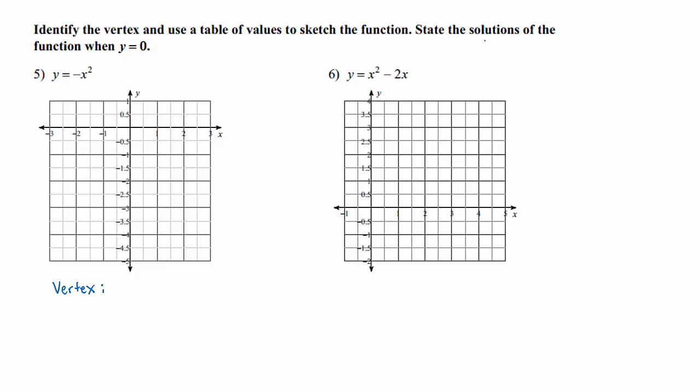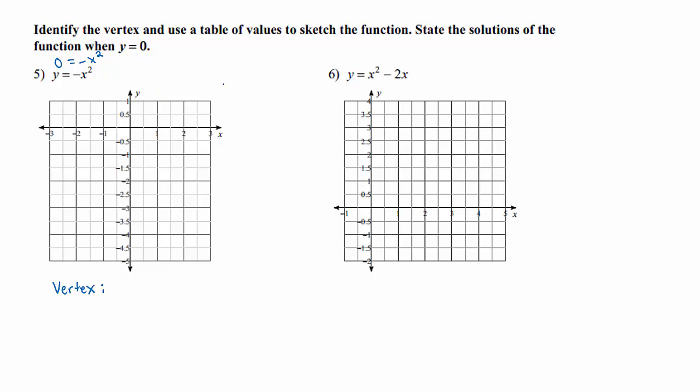And then it says state the solutions of the function when y equals 0. So we're supposed to be graphing y equals negative x squared. Then once we have the graph, we're going to pretend that this is really 0 equals negative x squared. And that means that we're going to find the solutions of that by looking at the graph and seeing where it goes through the x-axis, since we'll have a graph to look at. That's a pretty easy way to find the solutions.